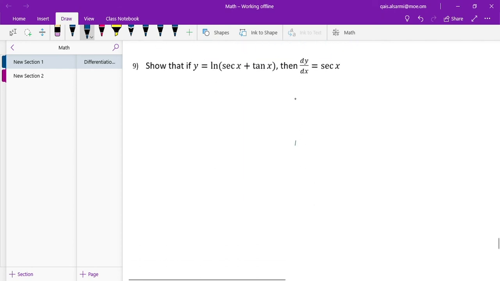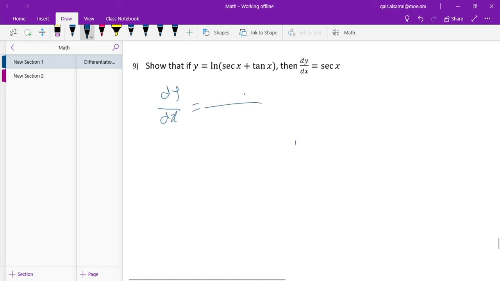Let's read this question carefully, because some of you, when you see ln of sec plus tan, think in the wrong way. What is required here? It is required to get dy by dx and show that it is sec x. What is the idea? First of all, write the derivative.